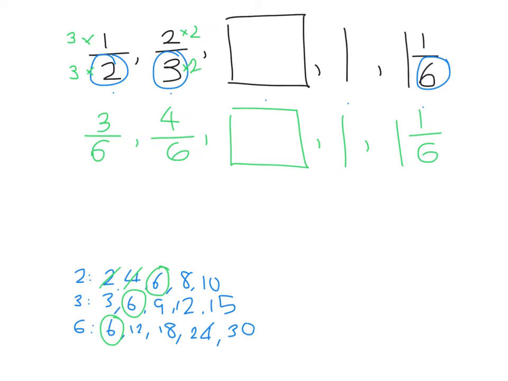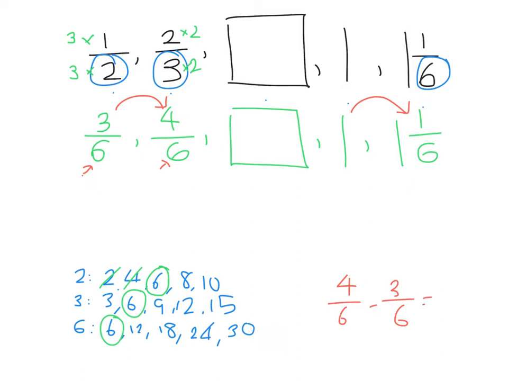Okay, so now I want to think to myself, as a good mathematician, how do I get from 3/6 to 4/6? Or here as well, I can think about how I get from 1 whole to 1 1/6. You can really just take this bigger fraction, 4/6, minus your smaller fraction, 3/6.